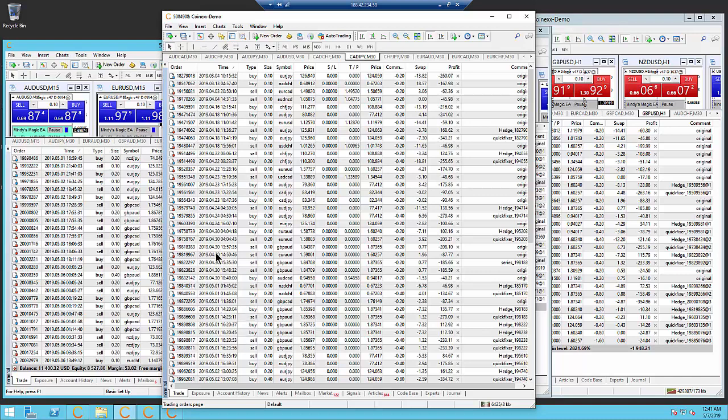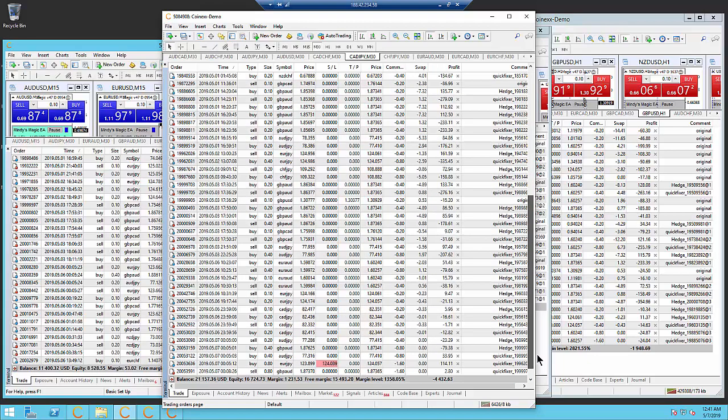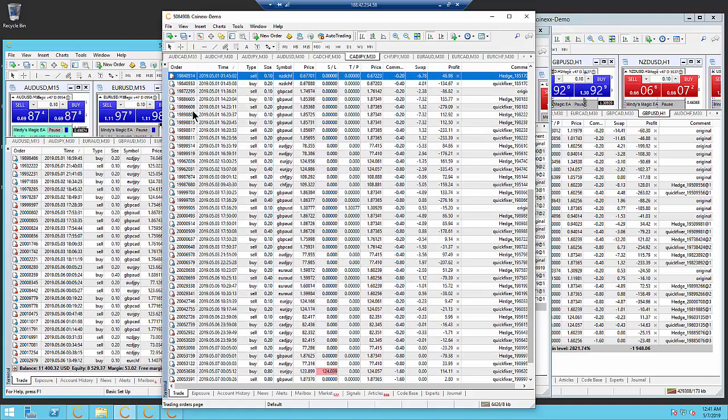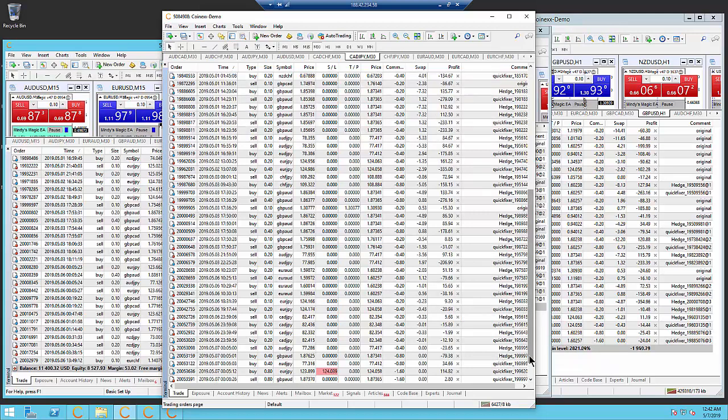Quite a few. And we get down here to May, and the trades from here down, which is an entire scroll bar full of trades, have all entered just since May 1st. But that's okay, right? Because most of them are hedges and quick fixers. So I wanted to show you that.